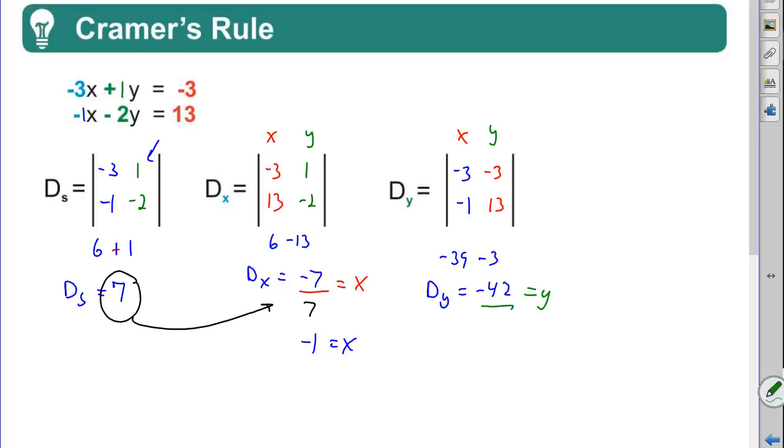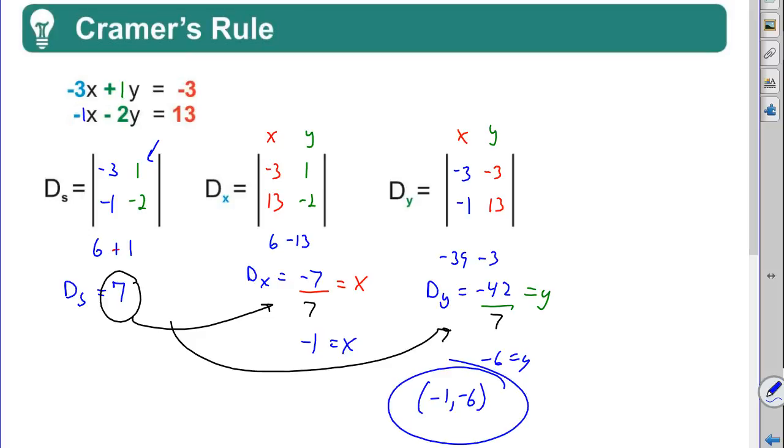Again, you divide by the system determinant, and you can see that our y is a -6. So these two lines intersect at the point (-1, -6). That's solving a system of equations using Cramer's rule and matrices.